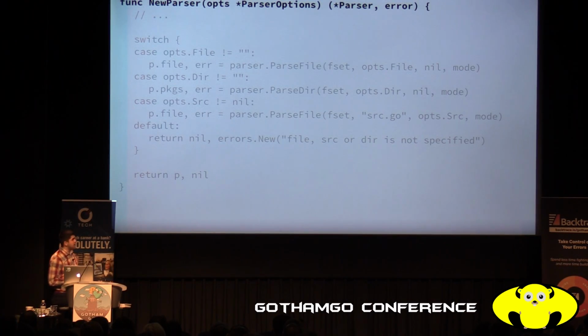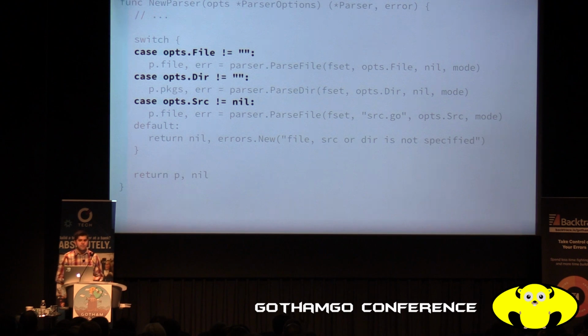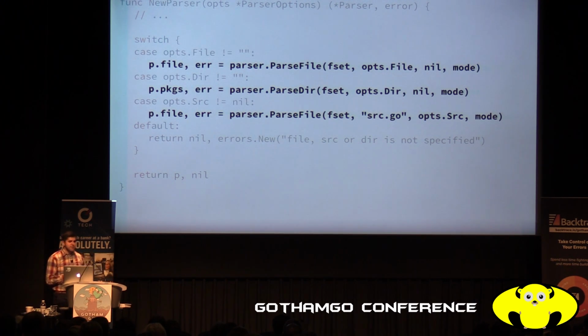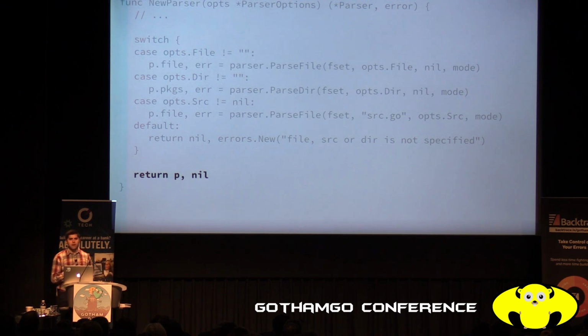So basically, I just created a new parser, a function that wraps the Go parser, which accepts some settings like, hey, I want to parse a file or directory or just an in-memory slice of bytes. And then I'm just parsing it and assigning it to some fields inside the parser, and then returning it back. So now I parsed my Go source, and I have it inside the parser struct.